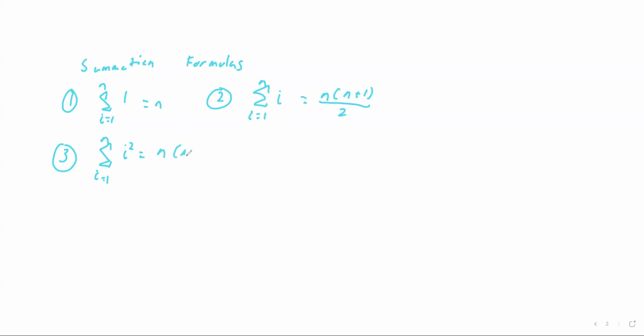So then I would have n times n plus 1 times 2n plus 1 divided by 6. And then again, it just keeps building on and on from there. All right, so those are just some formulas. So if you see these type of terms, you can just plug it in and work it out.